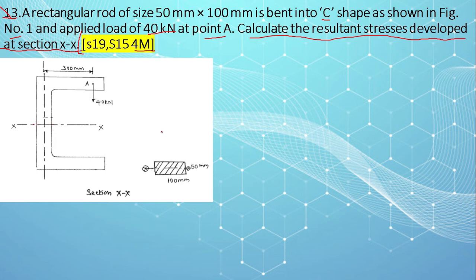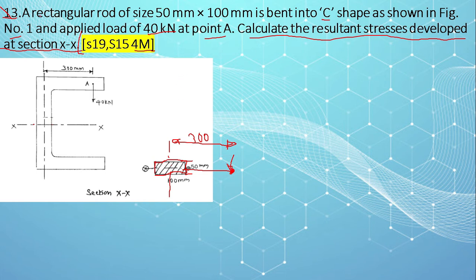This figure can be simplified as a section at XX, and this breadth is 100 mm and this depth is 50 mm and load is applied at a point A. The eccentricity from the axis of this section is 300 mm. This 300 mm and load is applied here.